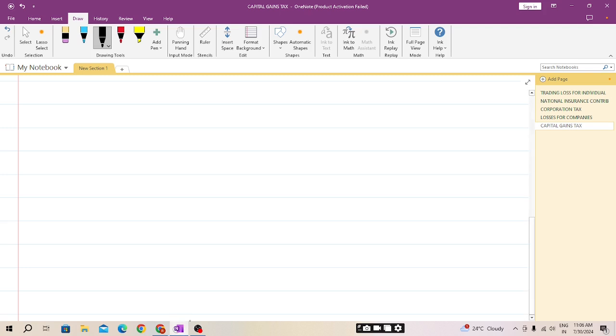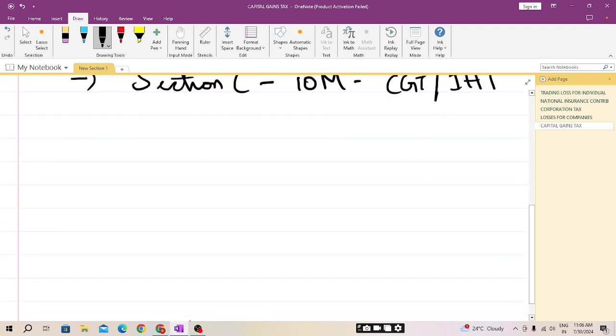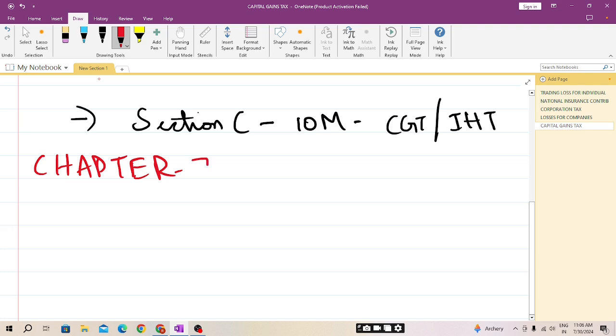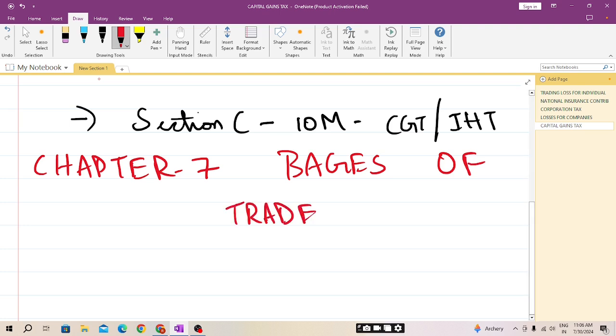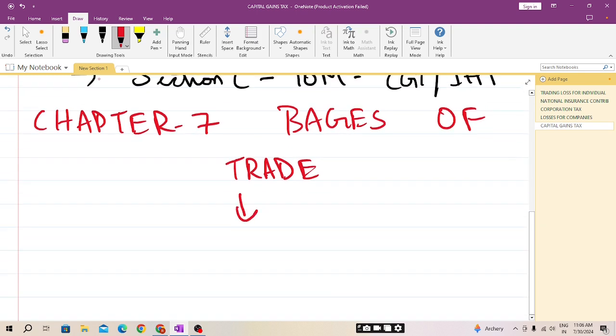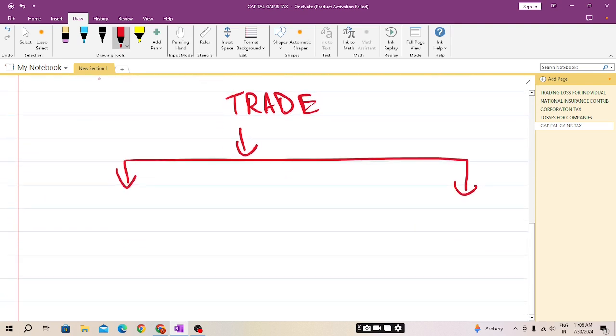Before that, students, as we have discussed in chapter number 7, the badges of trade are used to determine whether the transaction is of a capital nature or a trading nature. If it is of a capital nature, it will be covered under the CGT.